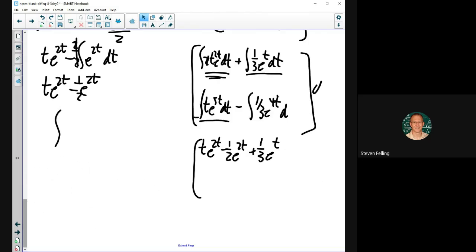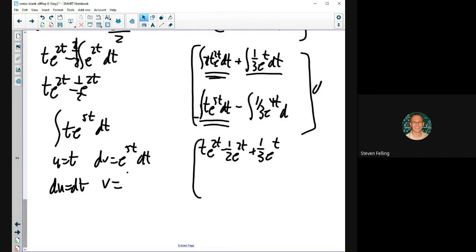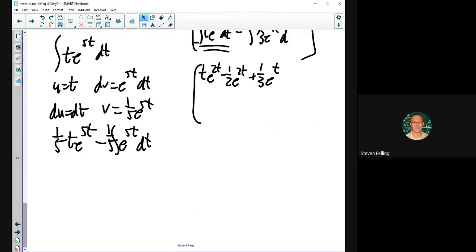We're going to do integration by parts for this, t e to the 5t. So we'll make u equal to t, dv is e to the 5t dt. So du is equal to dt, v is equal to 1/5 e to the 5t, uv would be 1/5 t e to the 5t minus integral of v du, which would give me 1/5 t e to the 5t.